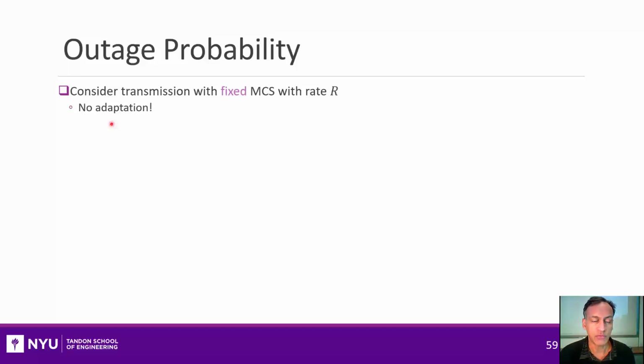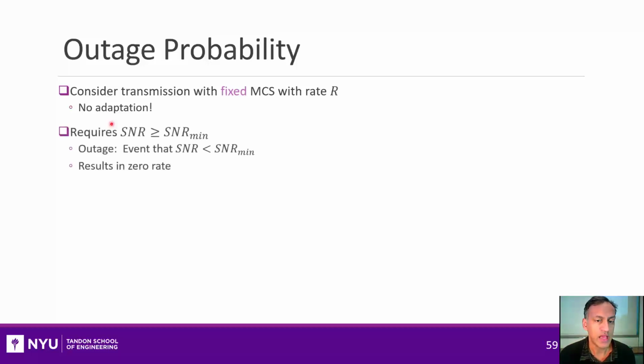This might happen, for example, if it's a broadcast medium where there's no possible feedback channel from the receiver. And let's just say, because it's at a fixed MCS, we need the SNR to be greater than some minimum SNR for this transmission to get through. If it's greater than that, you'll get your rate R. If it's less than that, you'll get 0 rate because it will fail.